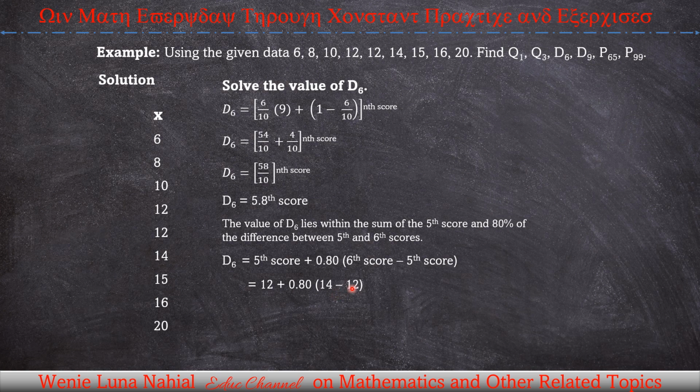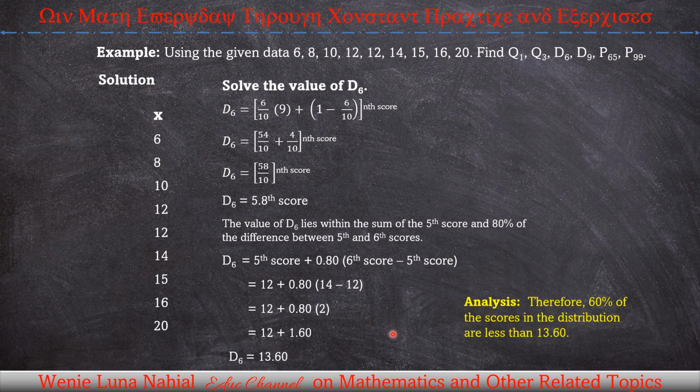So you have here 14 minus 12, that is 2 times 0.8 plus 12. So you get 13.6. Now, D sub 6 is equal to 13.6 and it's not found here. So our analysis is that 60% of the scores in the distribution are less than 13.6.